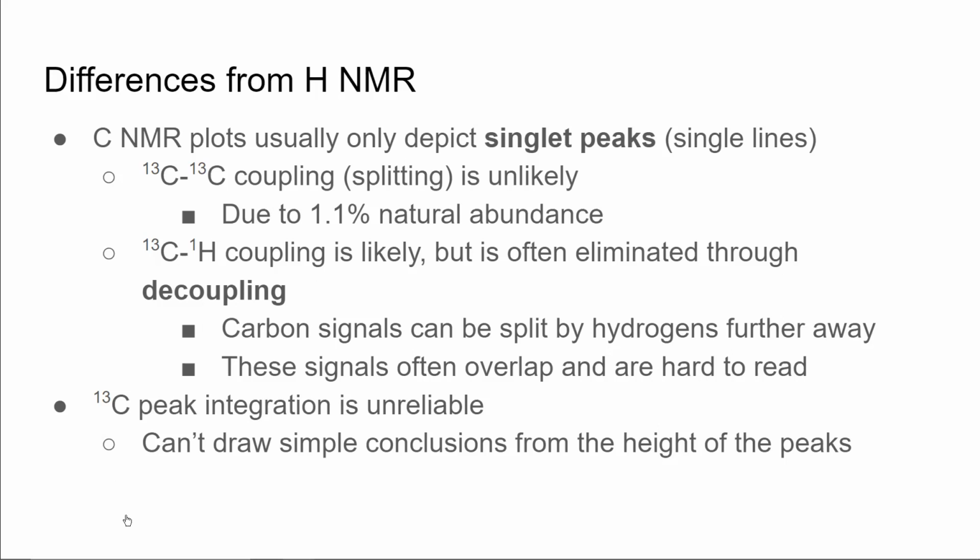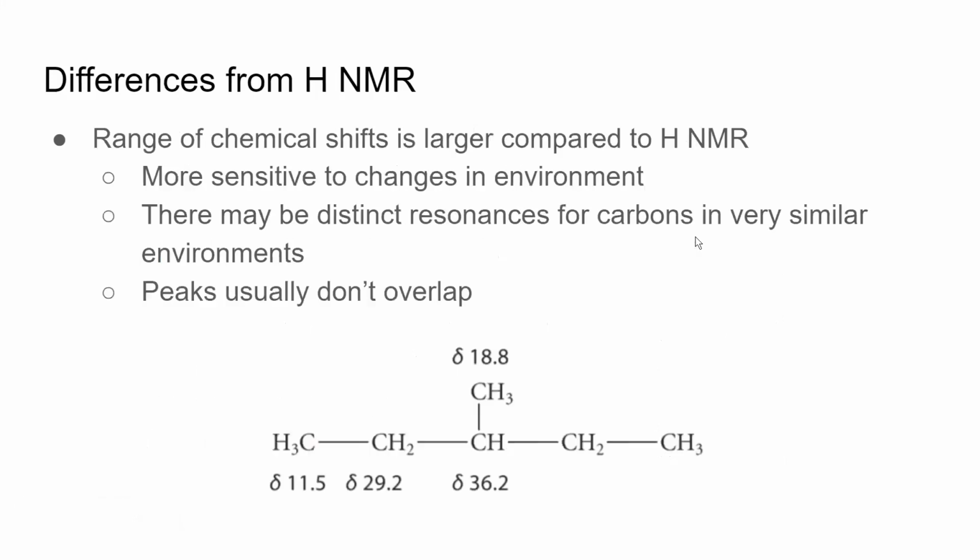So as we saw, there's some information that's missing in CNMR compared to HNMR. There's also a greater range of chemical shifts in carbon NMR compared to proton NMR. Because of that, your carbons are going to be much more sensitive to changes in the environment.